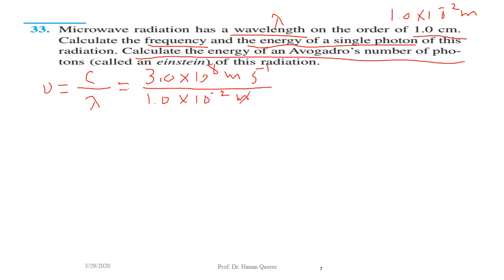Meter with meter cancel, then the result will be 3.0 × 10^10 second minus 1 or hertz.